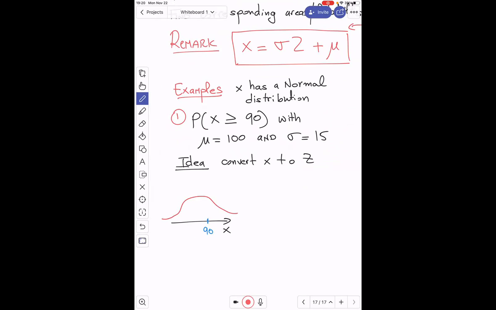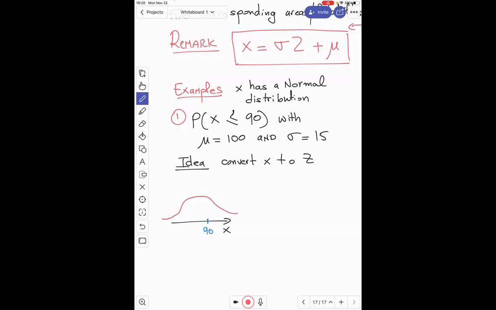Let me do first the probability that x is less than or equal to 90.